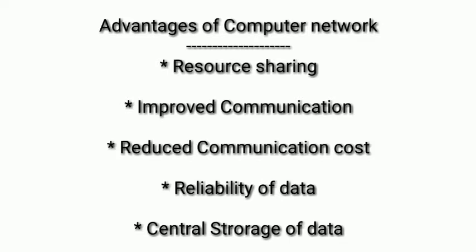Next topic is advantages of computer networks. Why are we choosing a computer network for communication? Different advantages are there. The first advantage is resource sharing. What is resource sharing? In a computer network, many systems will be there, but we can use only one printer or one scanner for the entire computer network.